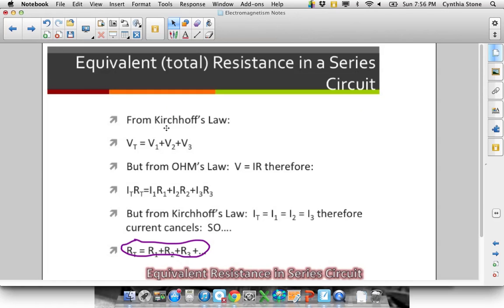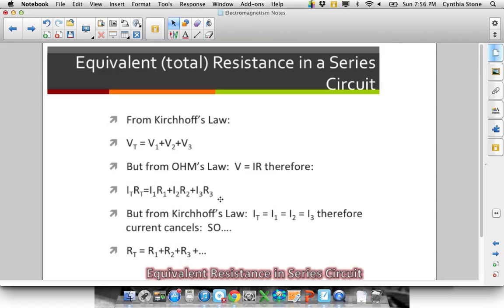So applying Kirchhoff's laws, it's a terrible circle job I did there. What we know about a series circuit is that the voltage across the battery or the power source is equal to the sum of how much energy is used per coulomb for every part of the circuit. Okay? But we also know from the beginning of the lesson, the resistance lesson on Ohm's law, this relationship, that volts equals current times resistance.